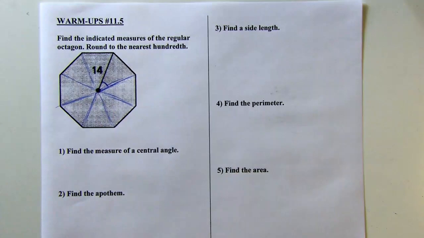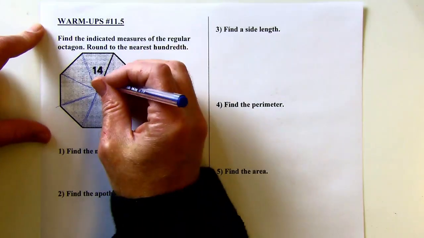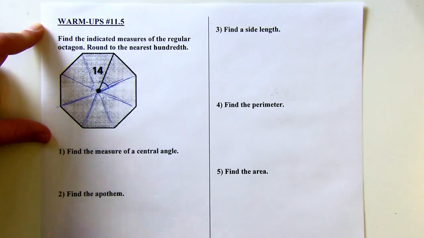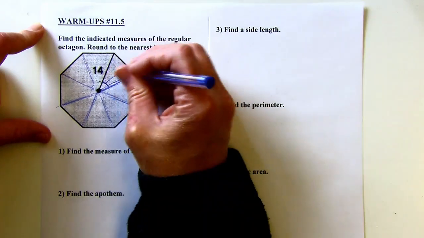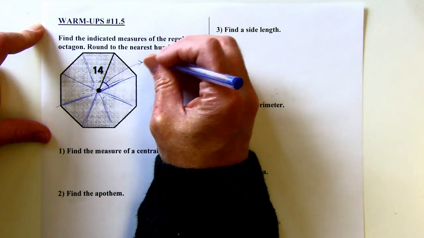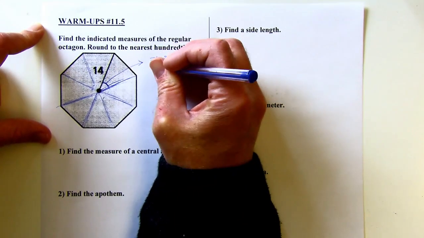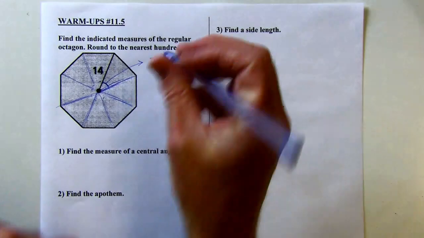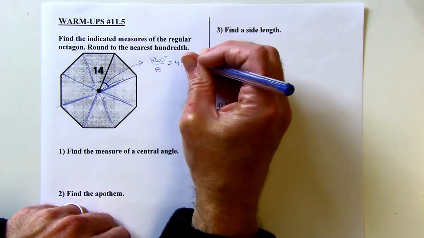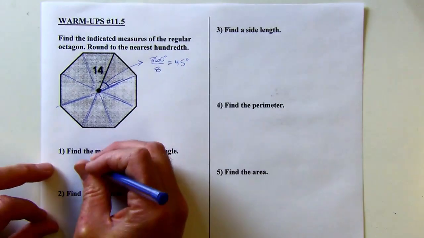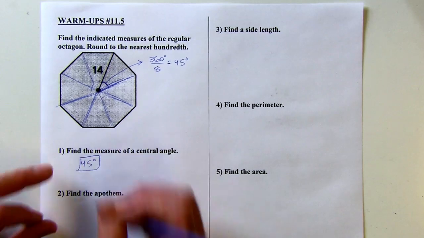Okay, so there's 8 total slices of pizza there, and altogether I've got 360 degrees of pizza there. So that means one of my central angles, I can just take 360 degrees and divide it by 8, which is going to give me exactly 45 degrees. Okay, so that's the measure of a central angle then, 45 degrees.